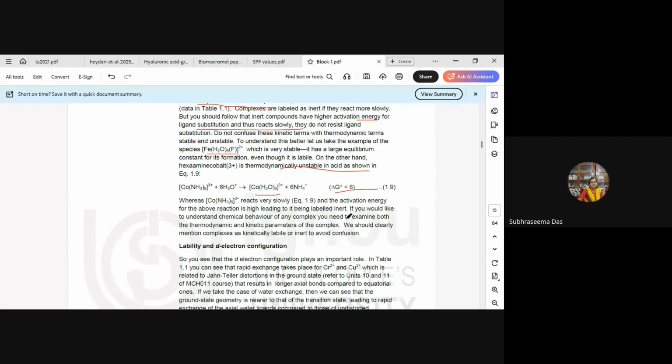So if you would like to understand the chemical behavior of any complex, we need to study both the thermodynamic and kinetic parameters of the complexes. Then, lability and d electron configuration.